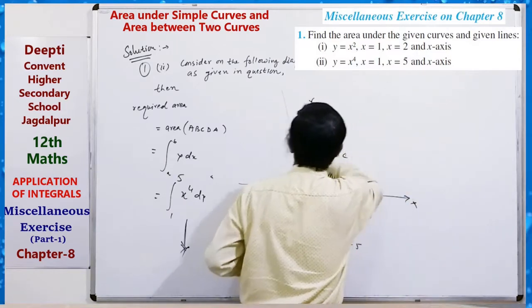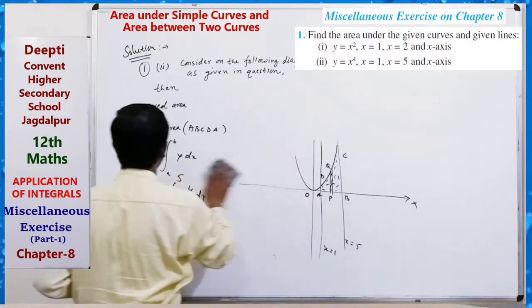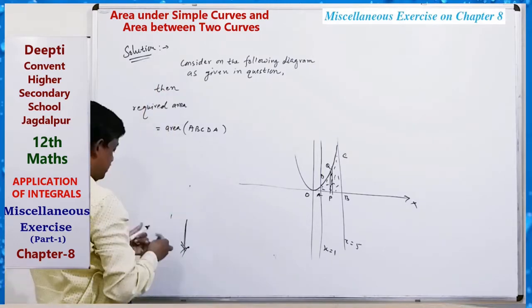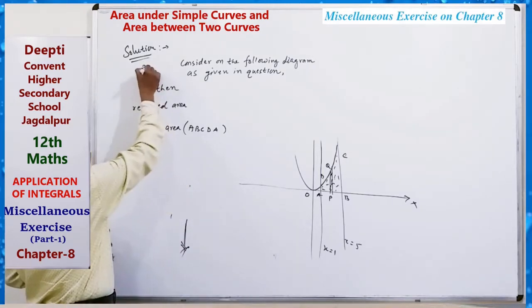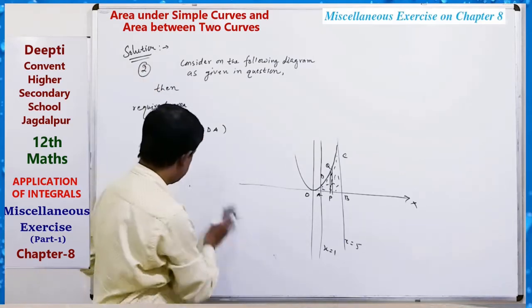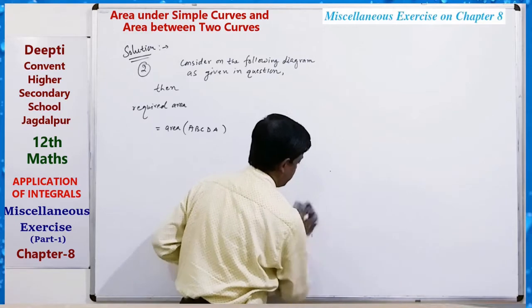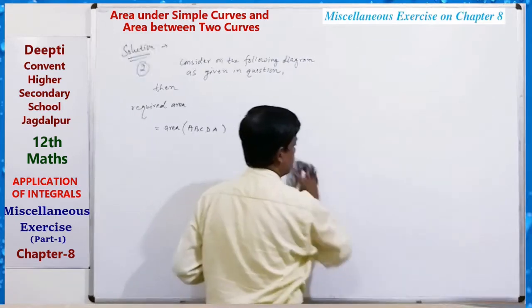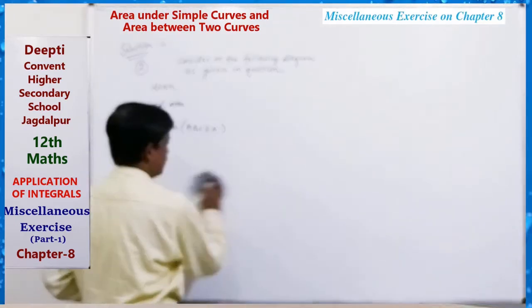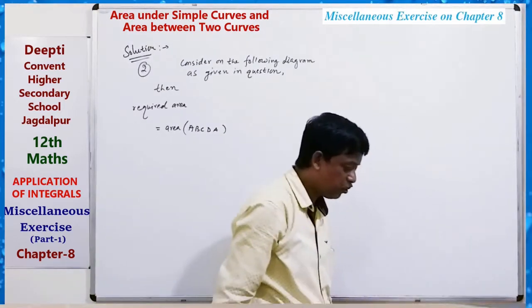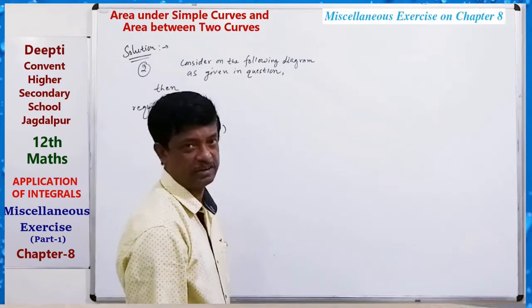Now take the second question. The second question says: find the area between y equal to x and y equal to x square.